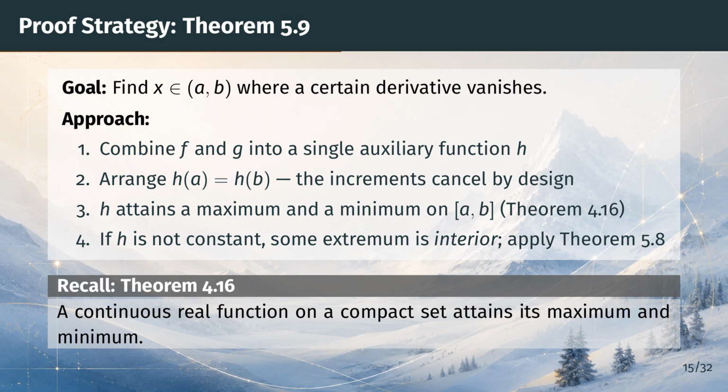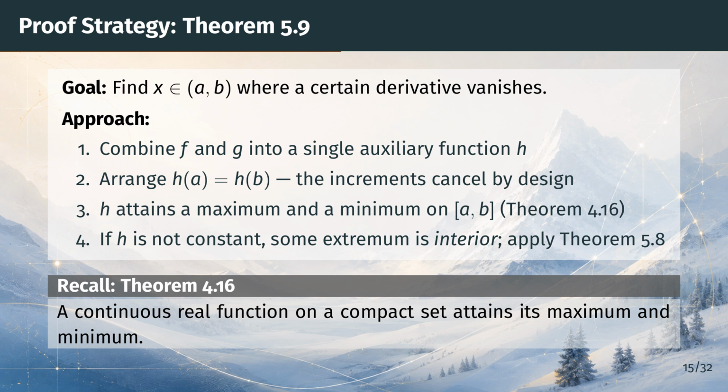The desired equation says that a certain combination of derivatives vanishes at x. So we build one auxiliary function, h, whose derivative is exactly that combination. The function is designed so that its values at the two endpoints agree. The increments of f and g cancel each other.